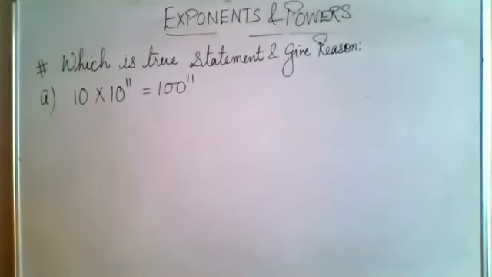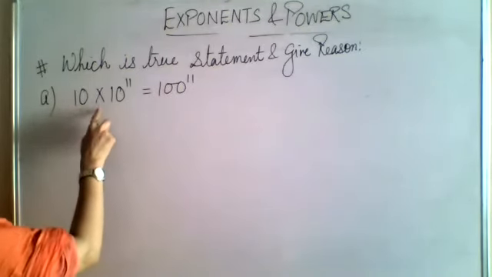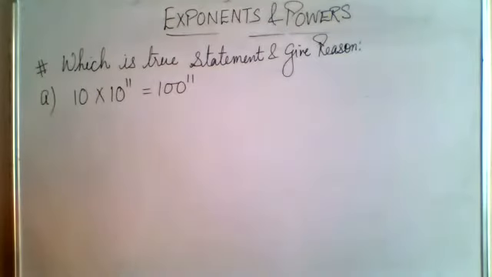In the next question it is given, which statement is true and why or why not? One part is given here: 10 into 10 raised to power 11. Is this equal to 100 raised to power 11? Let's do it. Bases are same, multiply sign, so powers will be added.